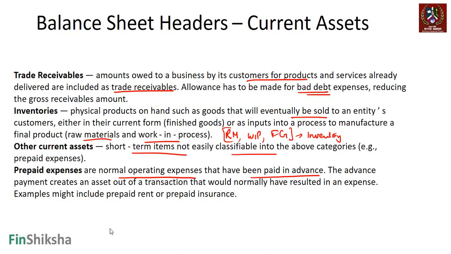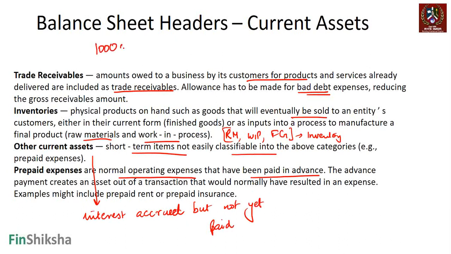Within these other current assets, you also include any interest that has accrued to your bank account but not yet been paid, right? For example, let's say my bank account has 1000 crore and the interest is supposed to be paid on 30th April.